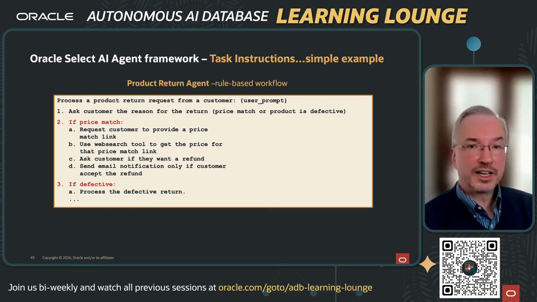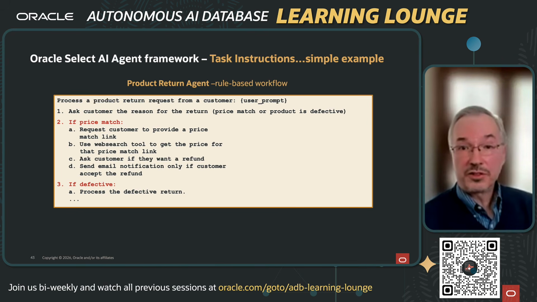Now, before looking at the code to create a task, let's look at how we might instruct the LLM to complete a task. In this case, how to process a product return request. The agent might first ask the customer the reason for the return. For example, the customer found an item cheaper elsewhere and may want a price match, or perhaps the product is defective.